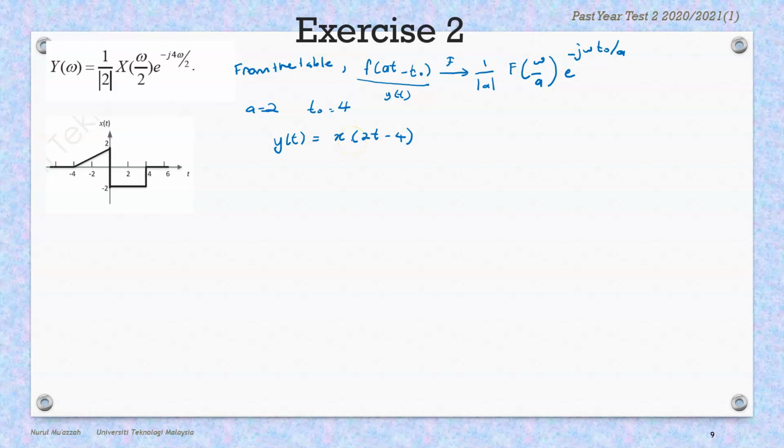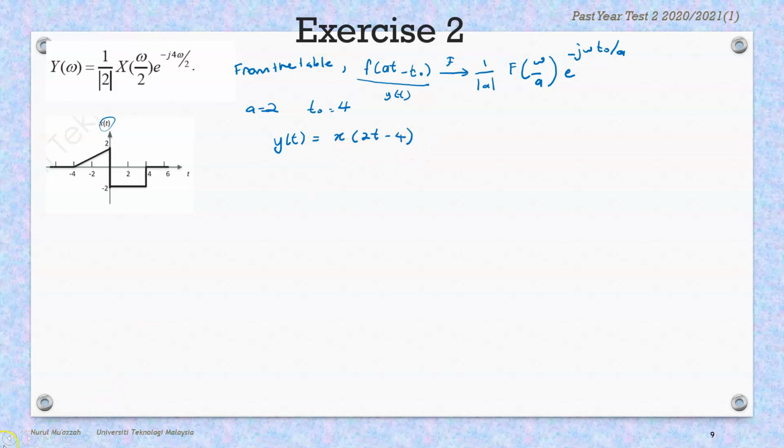Because yt is the signal that has been time transformed from xt here. So f here is x because F omega here is x omega. Y omega here is the Fourier transform of yt. So we just put the equation here, with the parameters that we have found just now, a is 2, t naught is 4. So we get this.